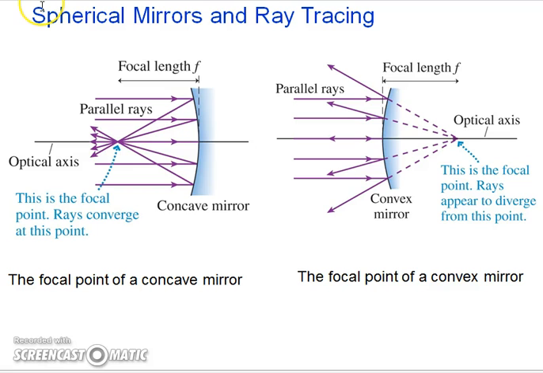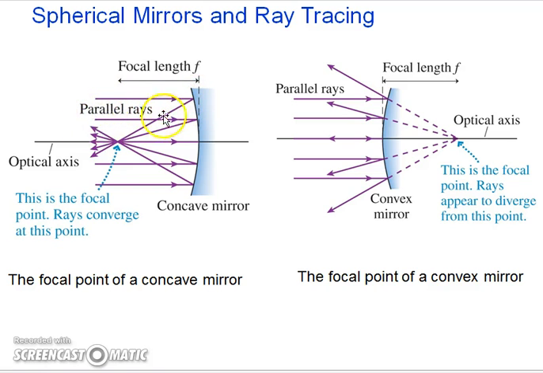Good. Let's quickly look at some of these mirrors. Again, this is my concave mirror, and the outside of this mirror is the coating. This is my convex mirror, and this side is the coating. If I have an object, let's say object P, this is my optical axis or principal axis. Several rays are coming, and if the source is at the focal point, all the rays after reflection become parallel.